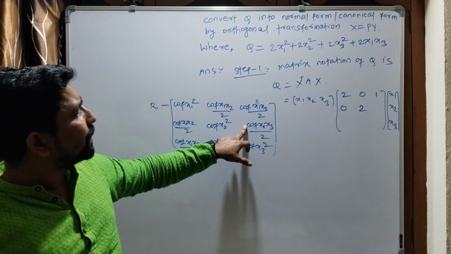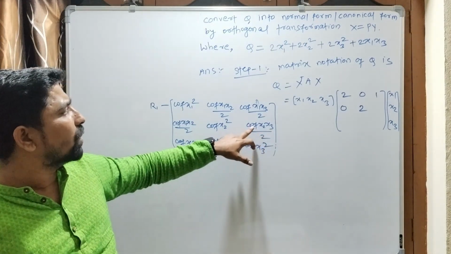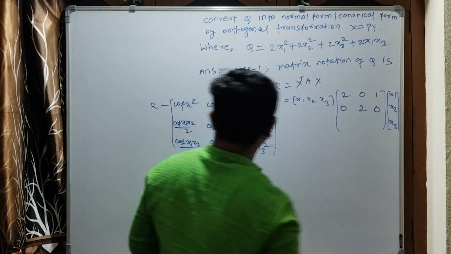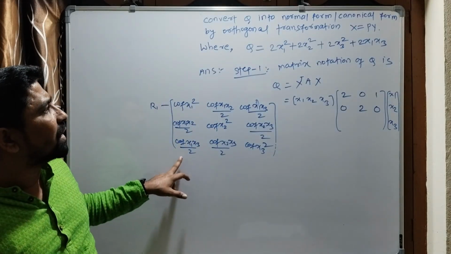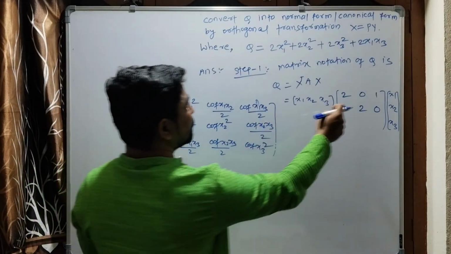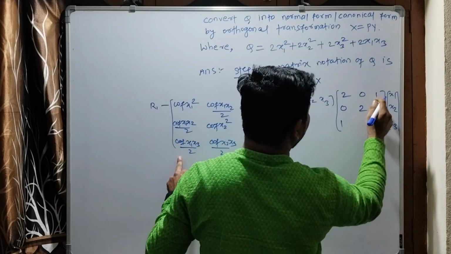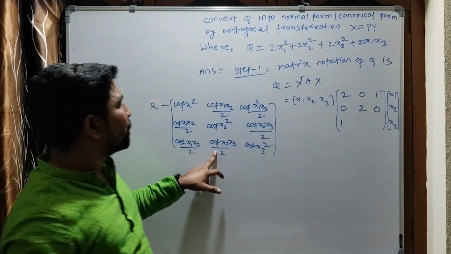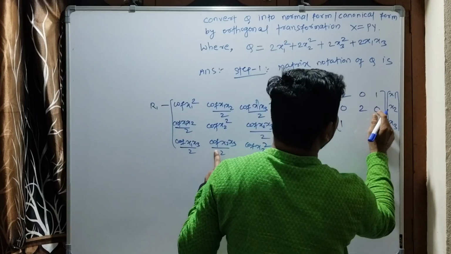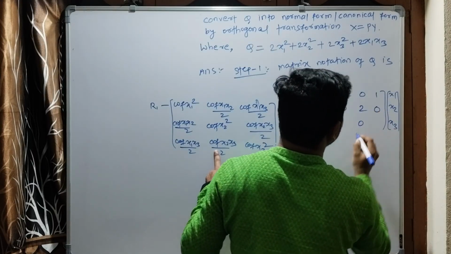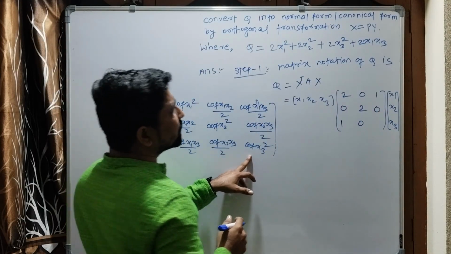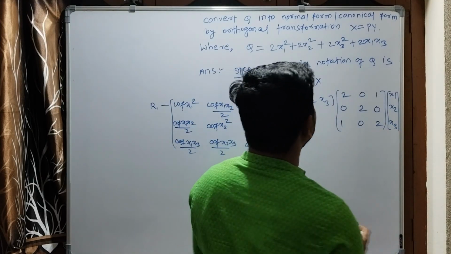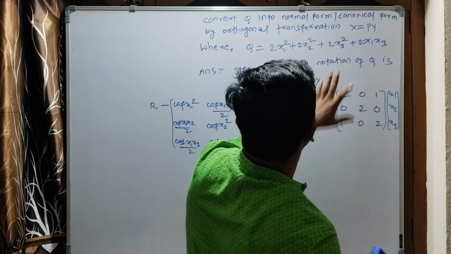The coefficient of x2x3 is 0, so write 0. Here a13 is the same as a31, which is 1, and a23 is the same as a32, which is 0. The coefficient of x3 square is again 2. So this is my matrix representation of the quadratic form Q.